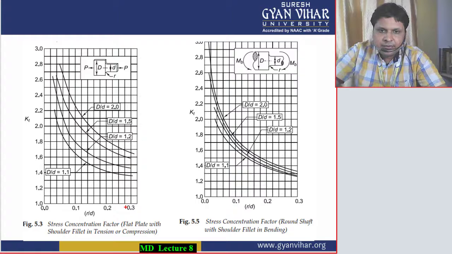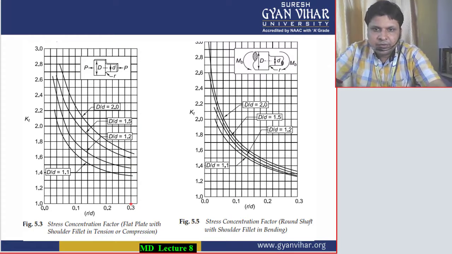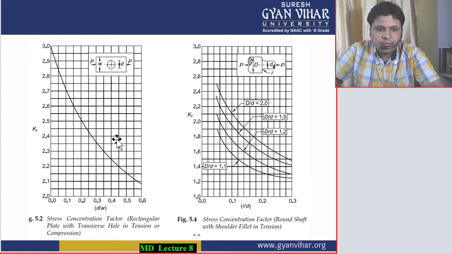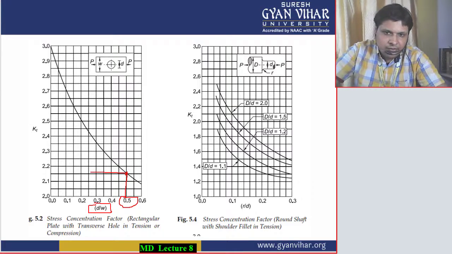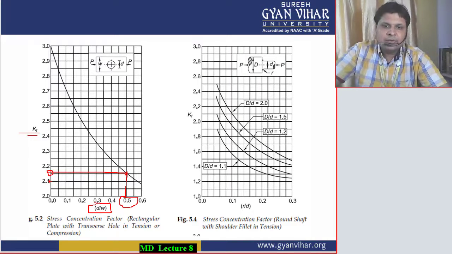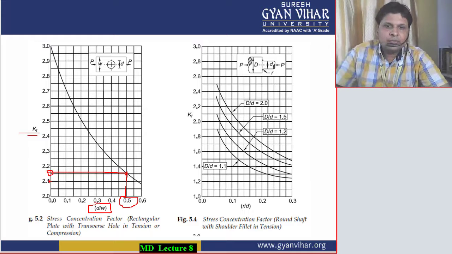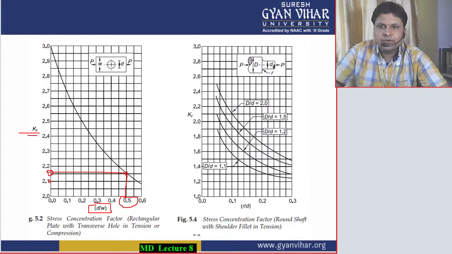So d by w equal to 0.5, where is that value? This is the value. Now draw a vertical line from this value, and from here you see on the horizontal line what value of KT is given. So the KT value you will see is near 2.1 and 2.2. It is in between, so it can be taken as 2.15.